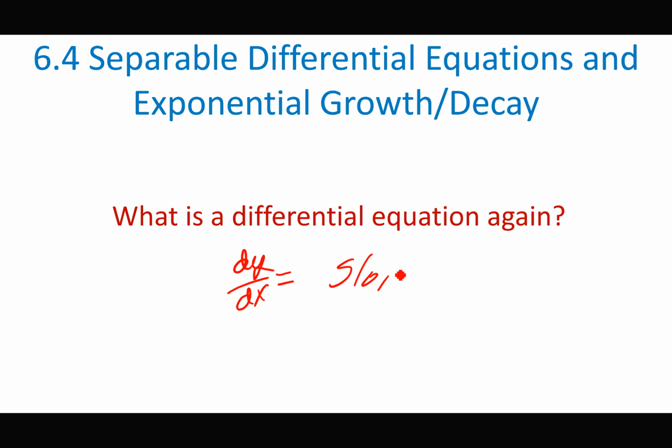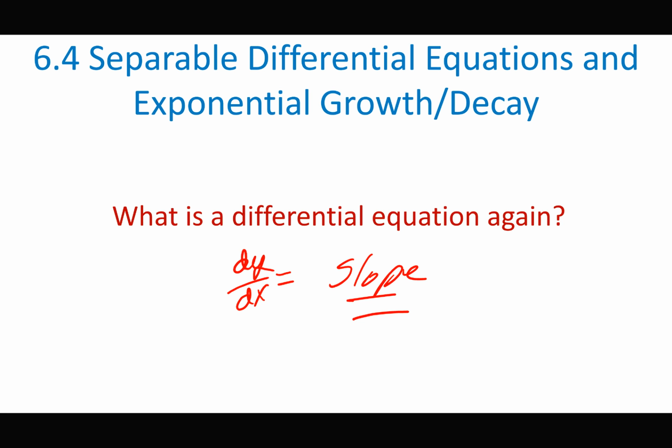What I want you to still think about is that it just represents slope. Whatever function they give me for dy dx, that is the slope. That's the connection from 6.1 that we talked about yesterday. It gets into slope fields. If they give me dy dx, that is essentially my derivative function to find the slope at any point I want to put in there.